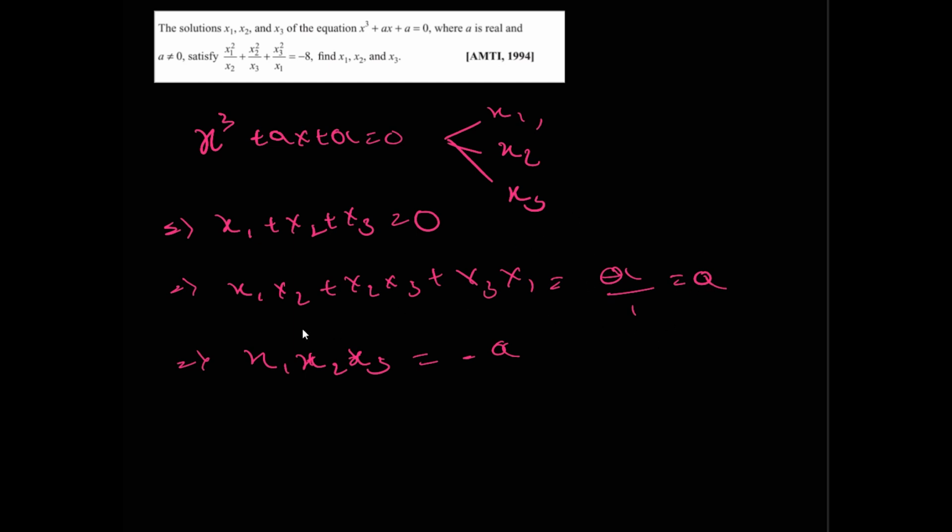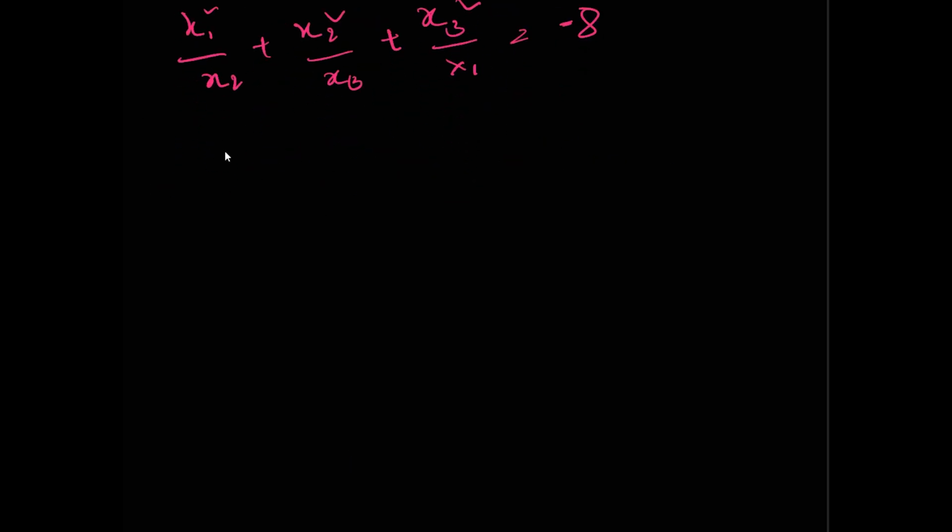We got these three equations, and now they have given that x1 square by x2 plus x2 square by x3 plus x3 square by x1 is equal to minus 8. That means we can multiply the whole equation by x1 x2 x3.